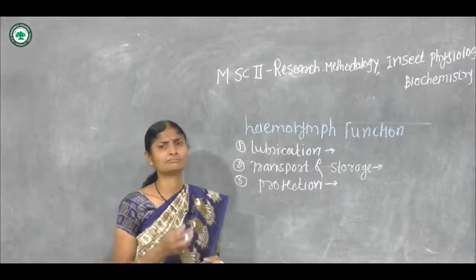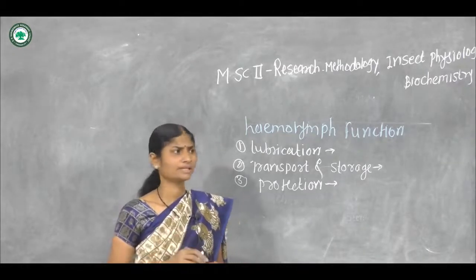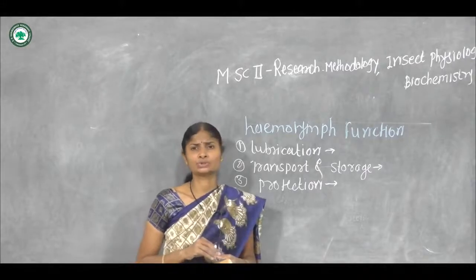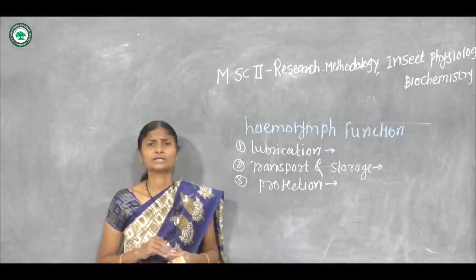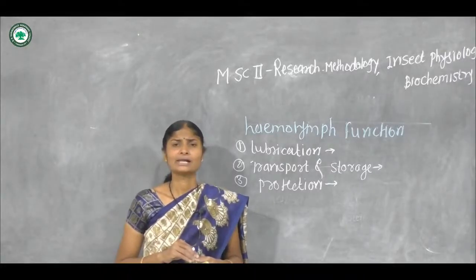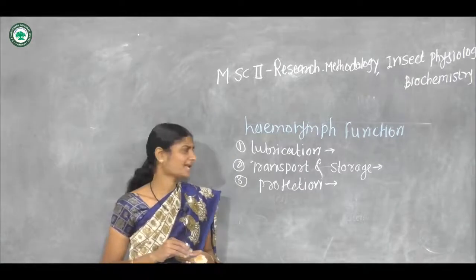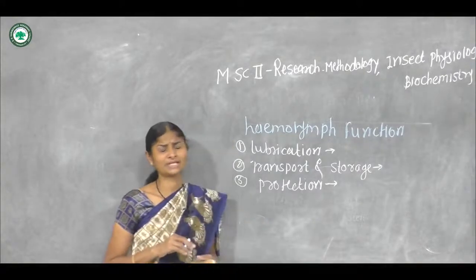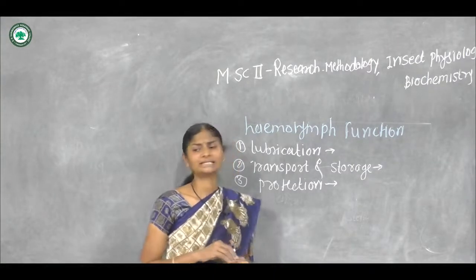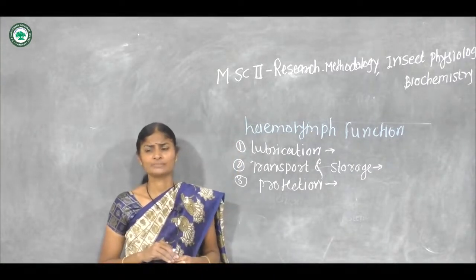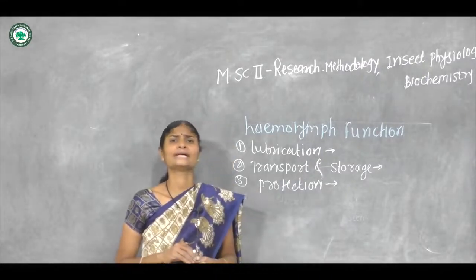Then coagulation, that is blood coagulation, and wound healing. At the site of wound healing, connective tissue is formed and the wound is healed. Non-cellular components like lysozymes also kill the invading bacteria. These are the different mechanisms used to defend the insects: phagocytosis, encapsulation, detoxification, coagulation and wound healing.